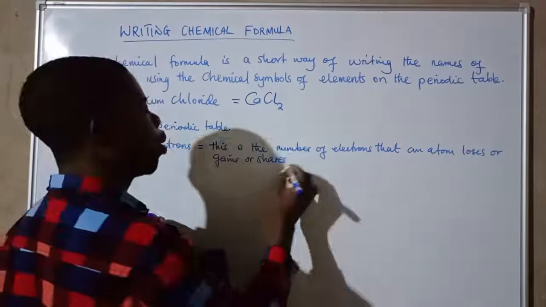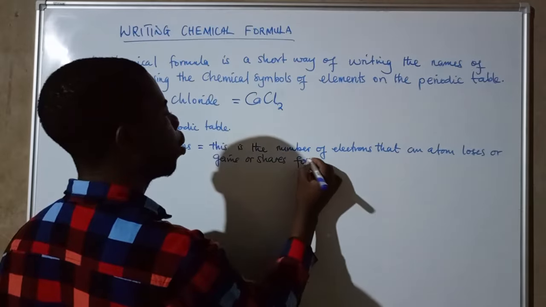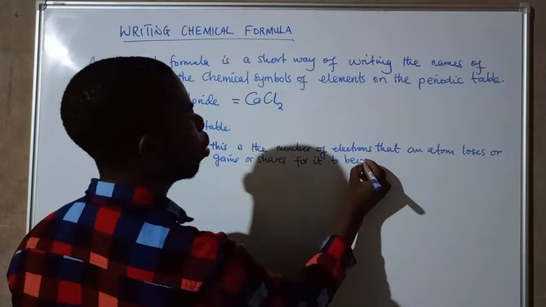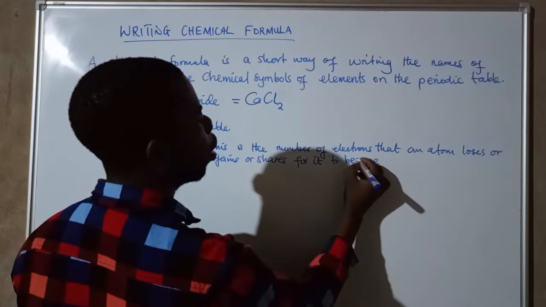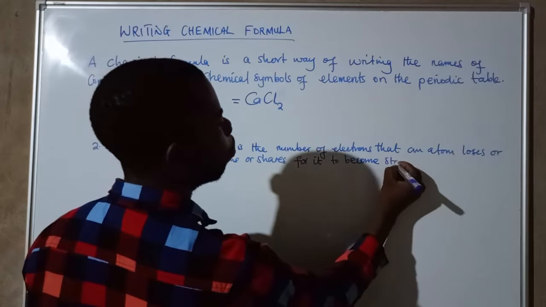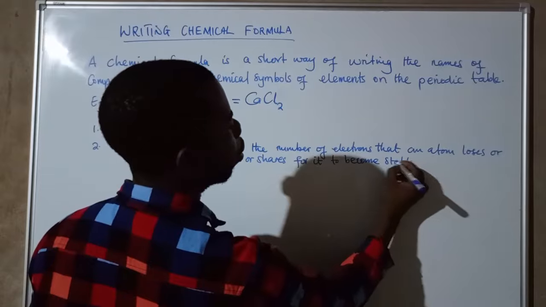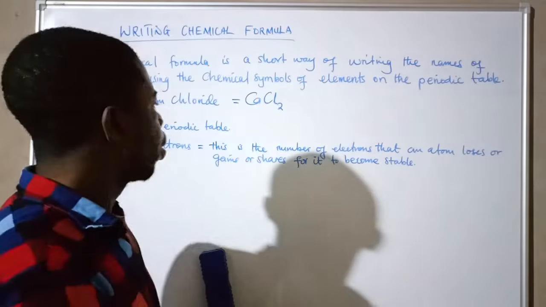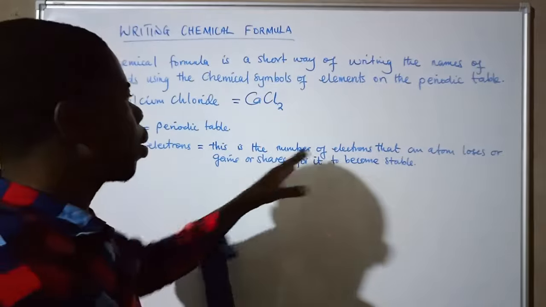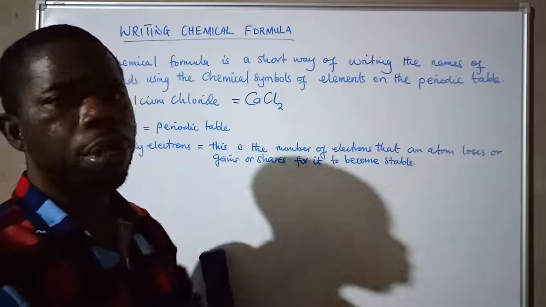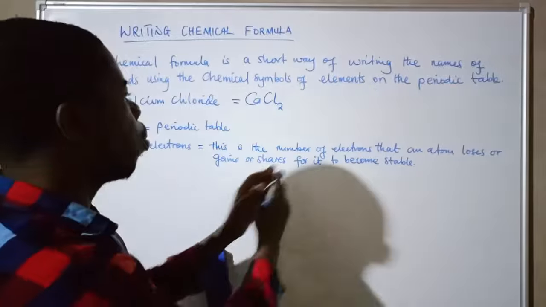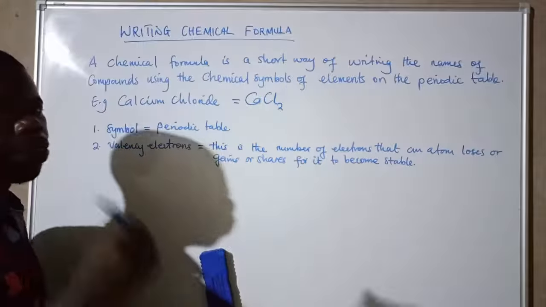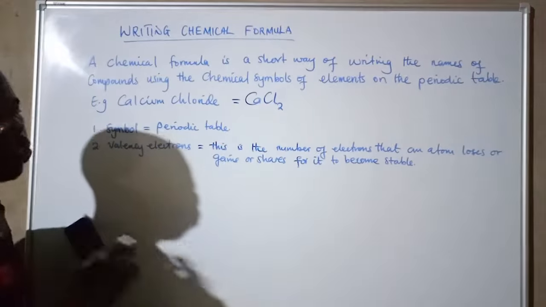Yeah, I'll put it that way. So valence electrons is just the number of electrons that an atom loses, gains, or shares for it to become stable. This is a very important concept that you need to understand.